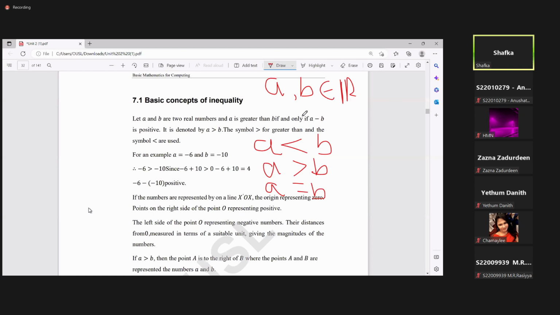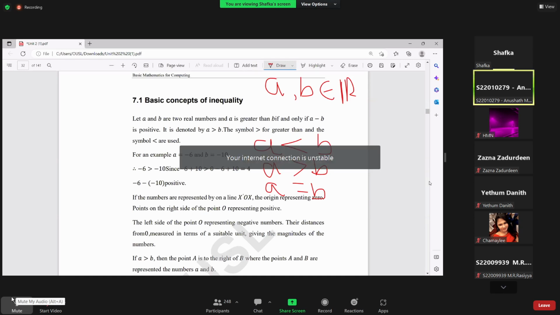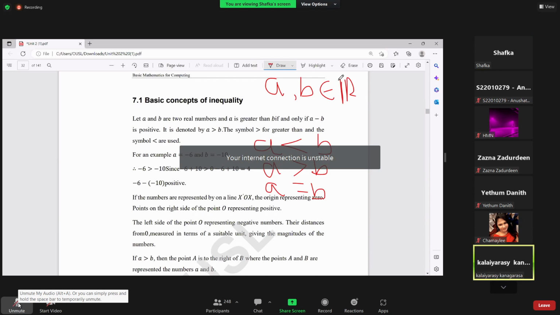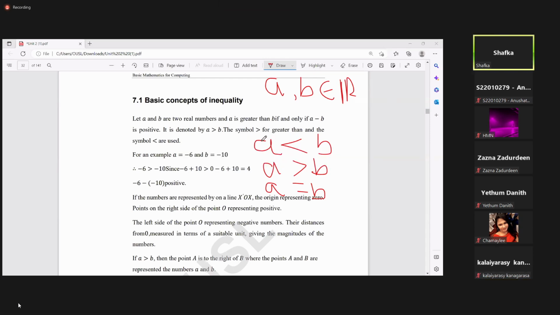Any real number satisfies one of these cases. Are you all agreed with me? Yes, miss. Any real number can be written in any of these forms.